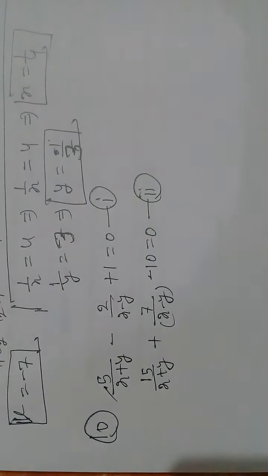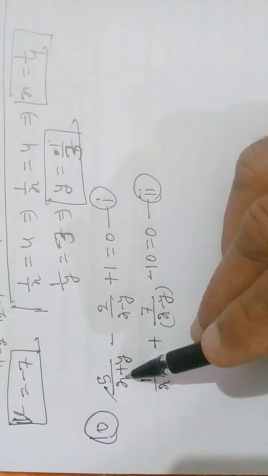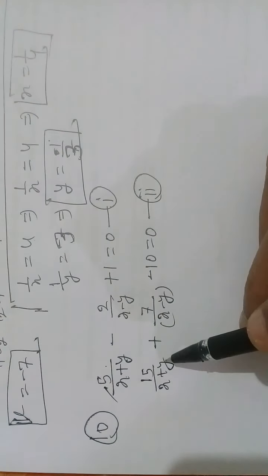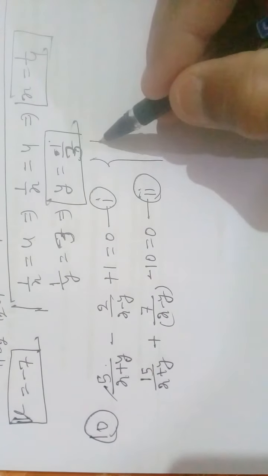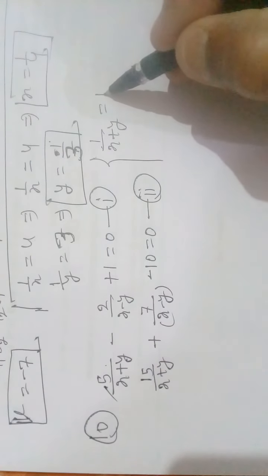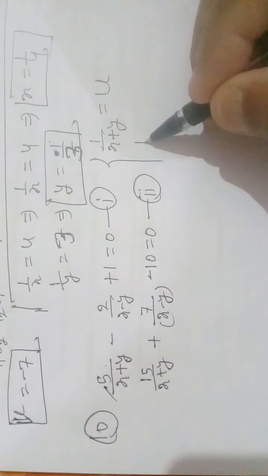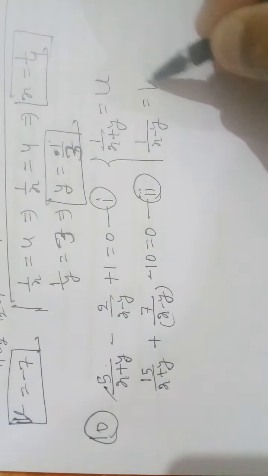Now in this equation, 1 by x plus y and 1 by x minus y. Let 1 by x plus y be equal to u and 1 by x minus y be equal to v.